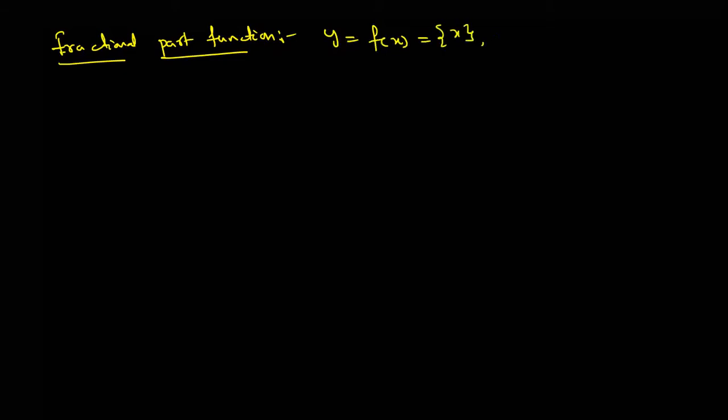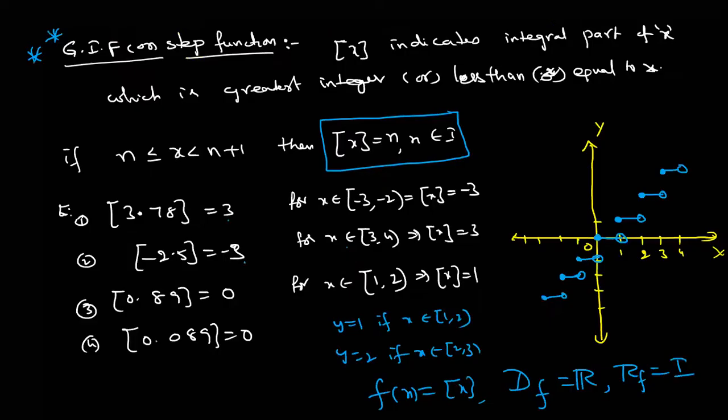Now, next one is the fractional part function. What is the fractional part of x? How to write this one? Previous one: y is equal to f of x is equal to integral part of x.